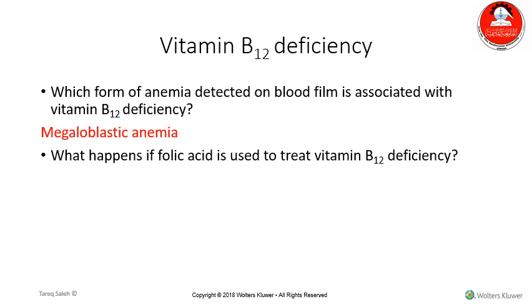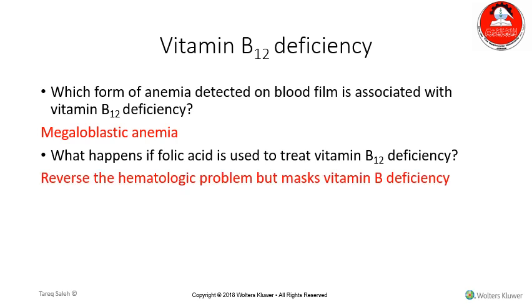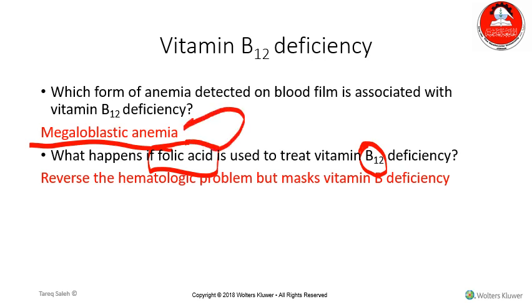Okay, let me say that one more time. If the anemia is caused by vitamin B12 deficiency, it will present as megaloblastic anemia. And if you use folic acid only to correct it, that will correct the anemia, but it will not correct the underlying cause, which is vitamin B12 deficiency.